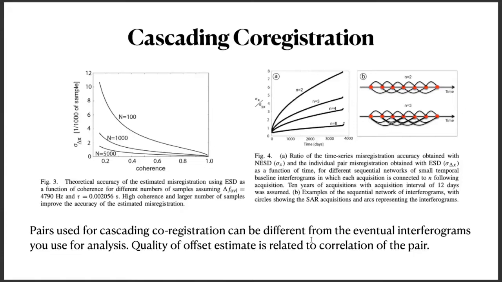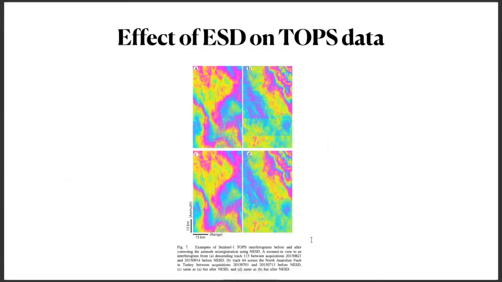In practice, we've seen that a few connections, 3 or 4, seem to do a very good job for co-registration. We did briefly talk about the impact of using or not using ESD in TOPS processing. This is essentially what your data would look like on top if you did not apply ESD corrections. And if you did apply ESD corrections, the bottom is what you would see. You would not clearly see these burst artifacts.